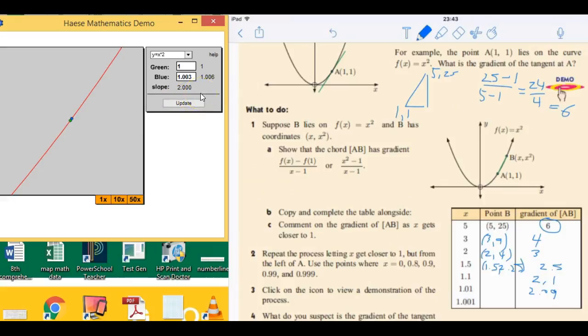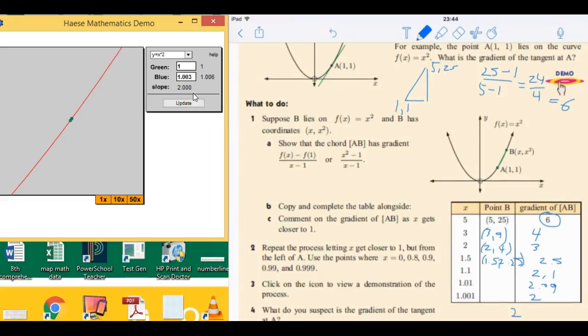Okay? So I can't really get any closer than that. My finger is not steady enough. But basically you can see that we're converging to a slope of 2, right? Even though it's probably 2.0001, it shows 2.0 already.